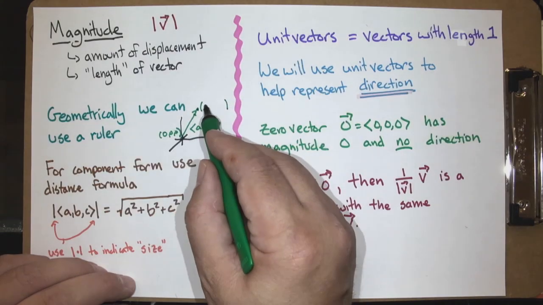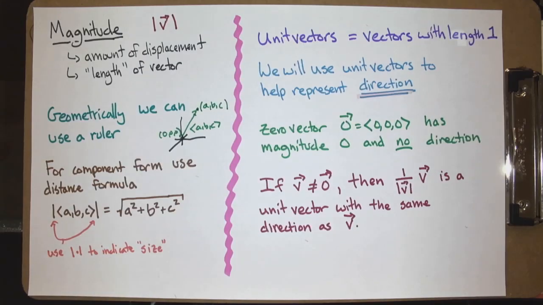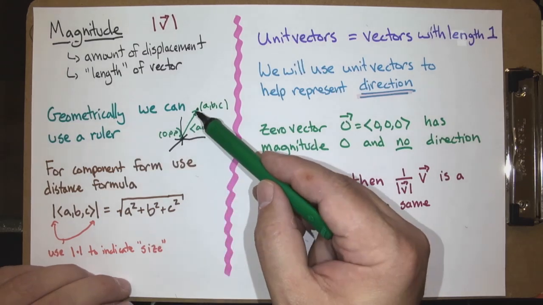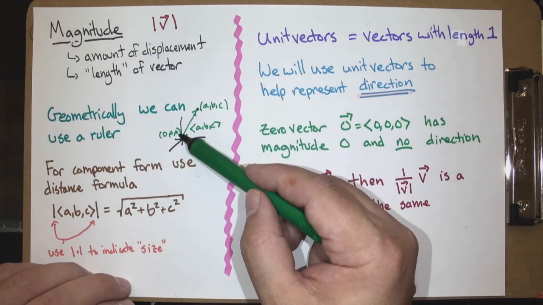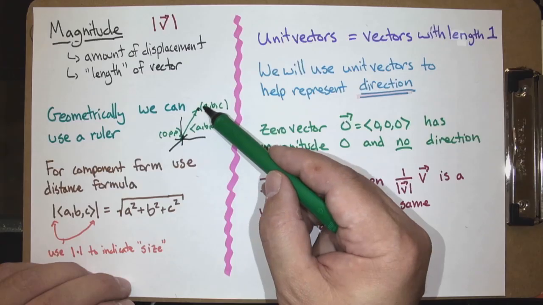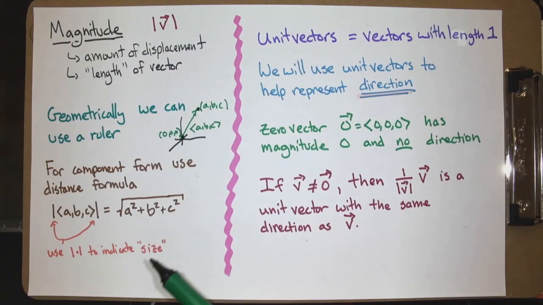A, B, C. I can say how much I changed in each coordinate, and that helps me find my new location. So now the length of the vector ABC is the distance from the tail, which is where you start, and the head of the vector. So use the distance formula, square root of A squared plus B squared plus C squared. All right. So that's our length.